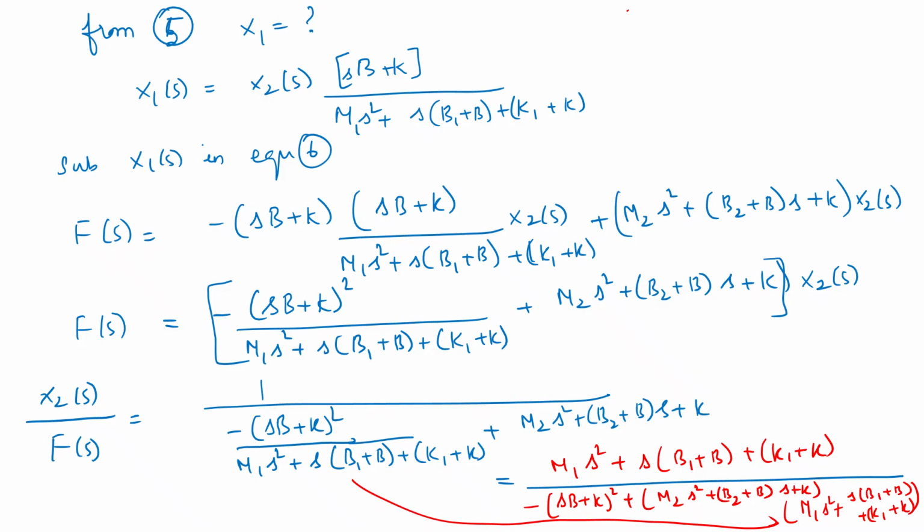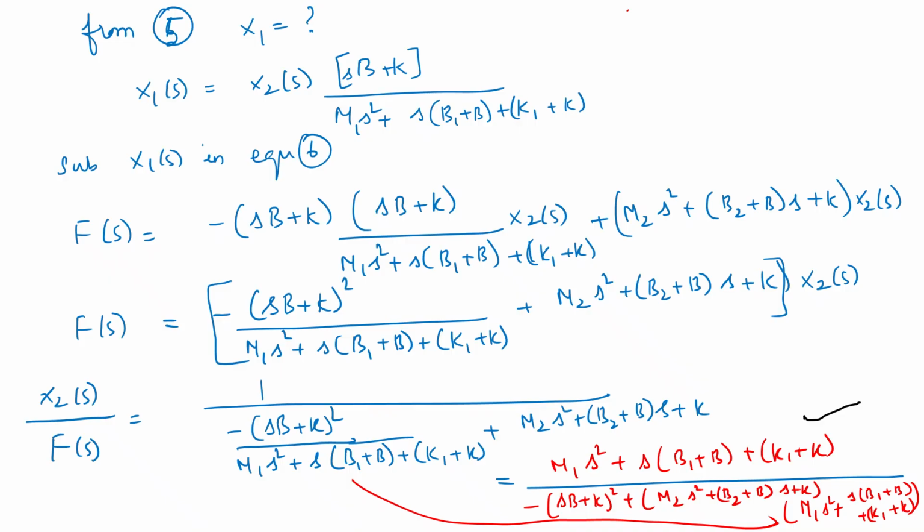So we take equation 5 and try to find x1 of s. Then substitute that x1 of s in equation 6. Now equation 6 will be in terms of f of s and x2 of s. After manipulation, we end up with a transfer function x2 of s by f of s equal to m1 s squared plus s into b1 plus b plus k1 plus k.